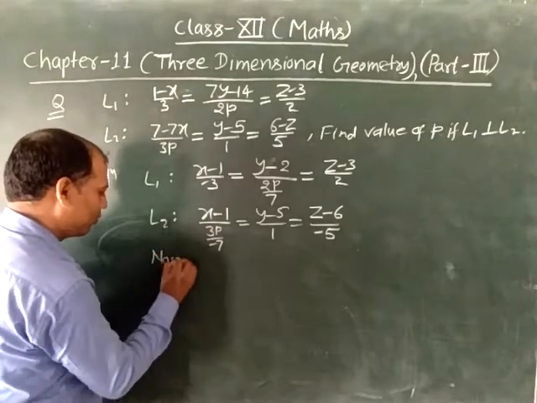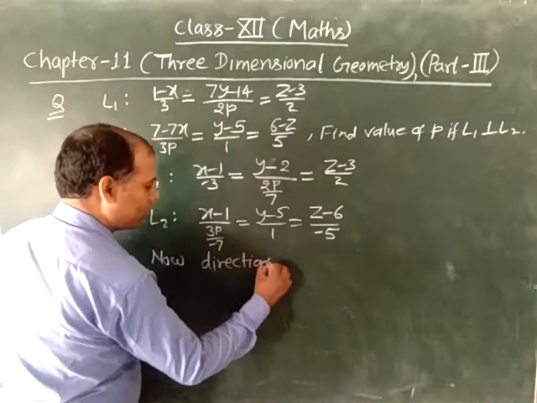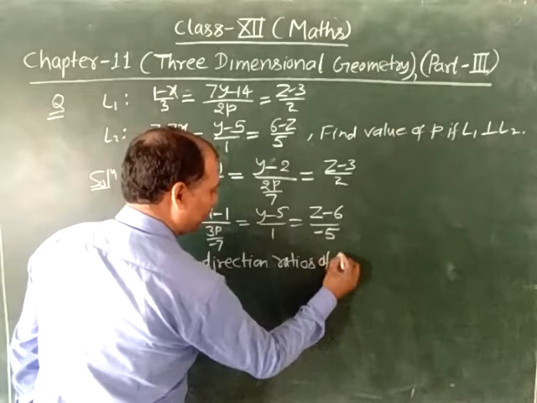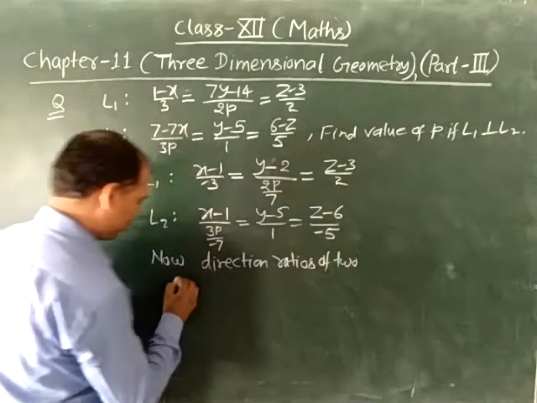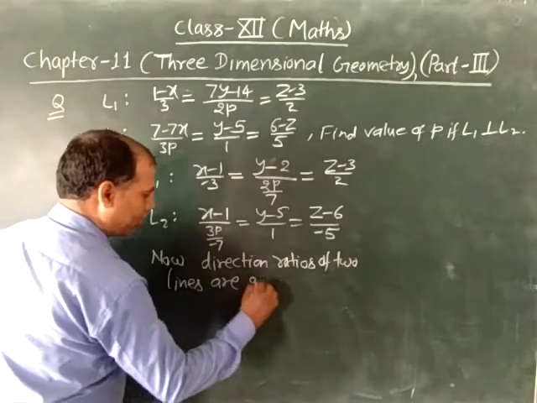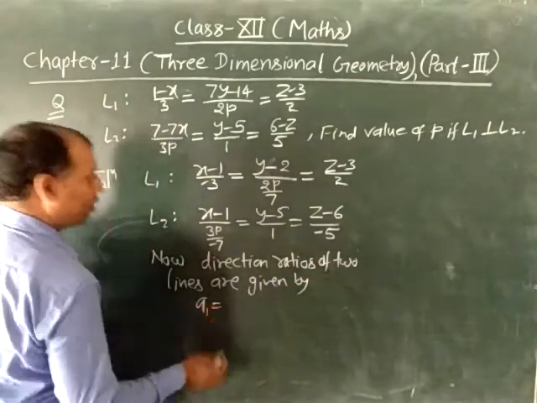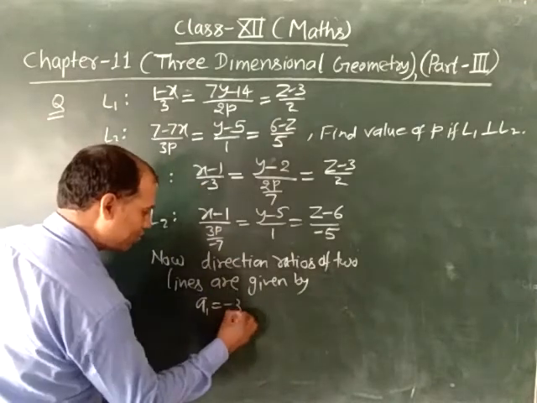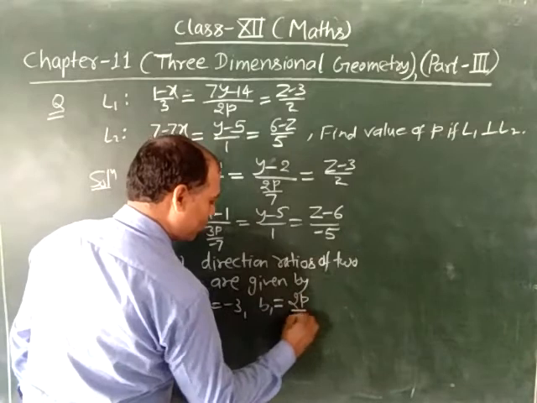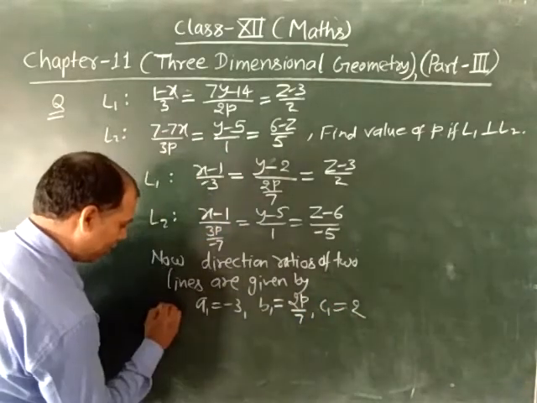Now the direction ratios of the two lines are given by a1 equal to minus 3, b1 equal to 2p by 7, c1 equal to 2.